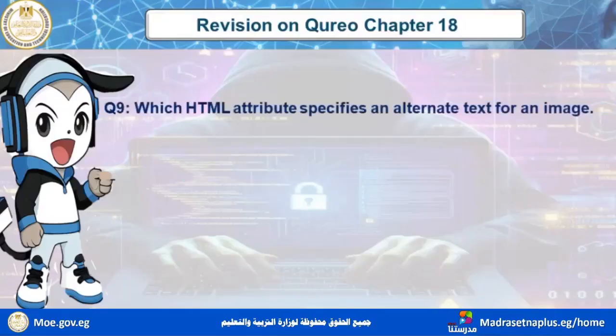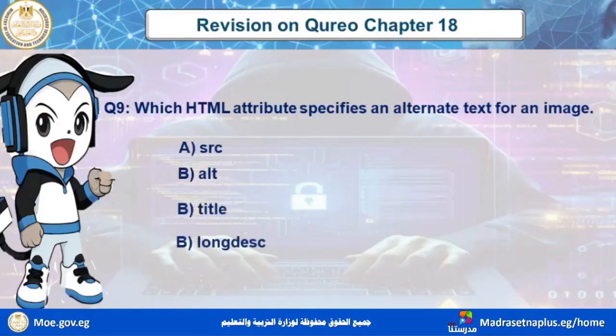Now question number 9. What HTML attribute specifies an alternate text for an image, the alternative text that appears in place of the picture? SRC, alt, title, or longdesc? Of course we said in a previous question that it is alt. Do we have an attribute called longdesc?